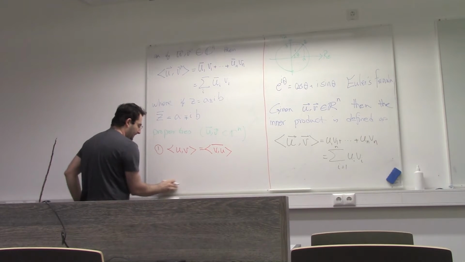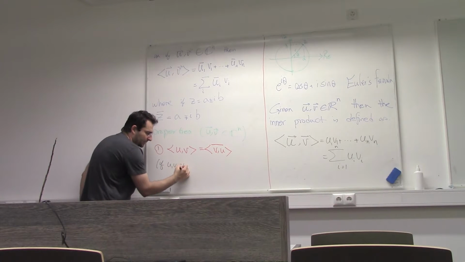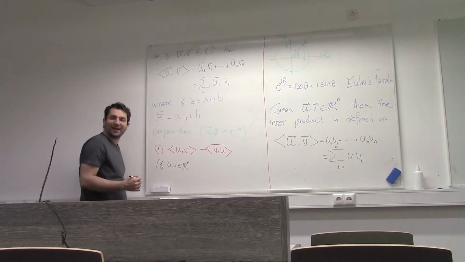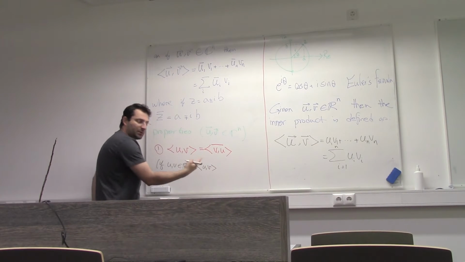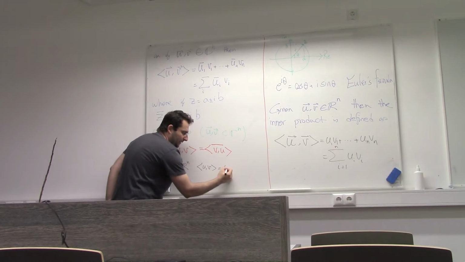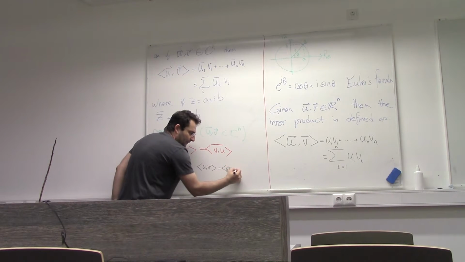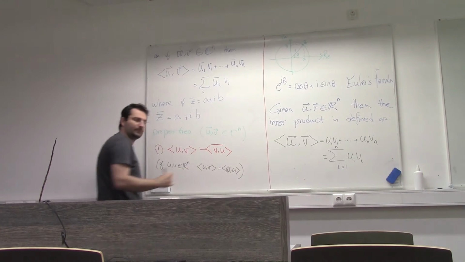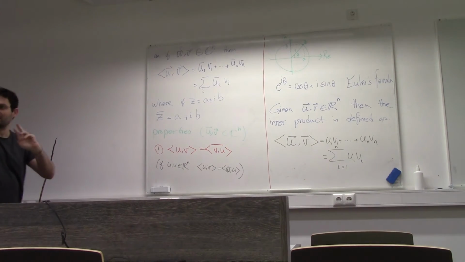However, if u and v belong to Rn, in other words if they were real, as you may remember from undergraduate, we could interchange u and v and the dot product is the same.